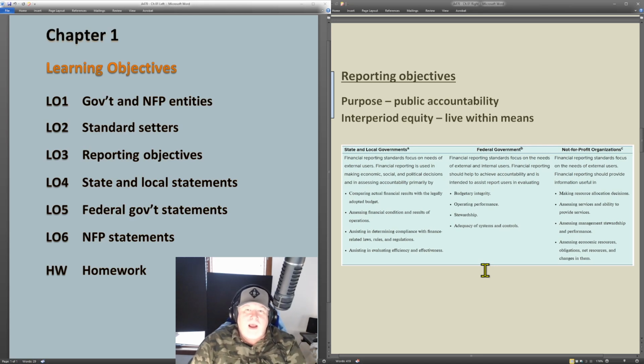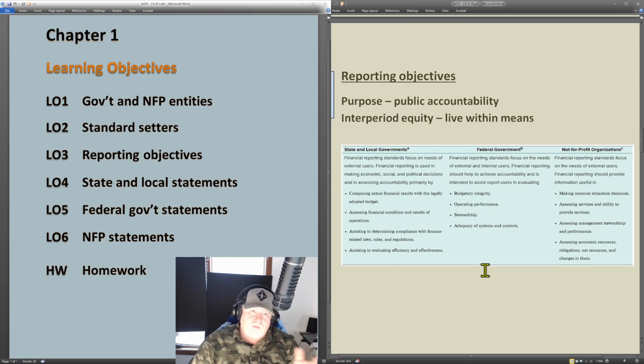But here, how do people know that their taxes or any funds given to a not-for-profit are being used correctly? More than just gaining a profit. And so stewardship is that concept, whether it's a governmental entity that's getting taxes from the taxpayers, or a not-for-profit that's getting money or other resources from people who are donating.